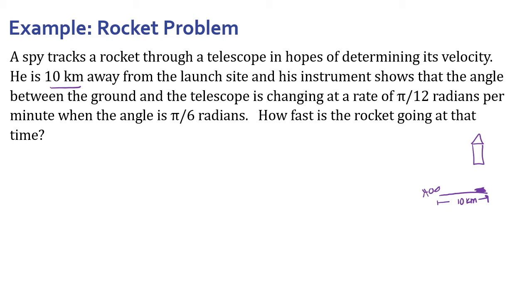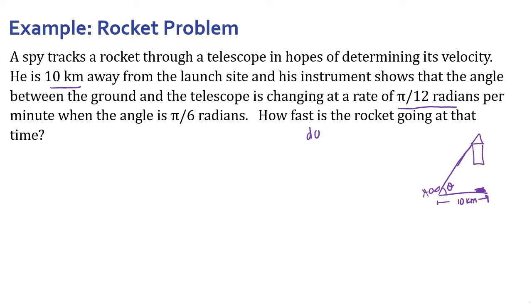The instrument shows that the angle between the ground and the telescope, so there's the ground and the telescope, so we'll call that theta, is changing at a rate of pi/12 radians per minute.